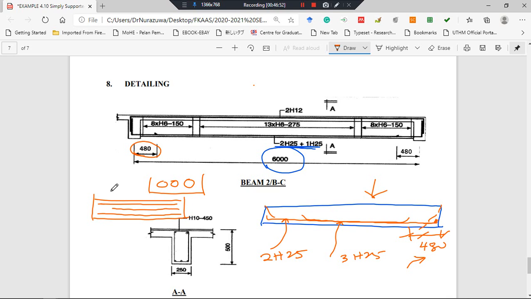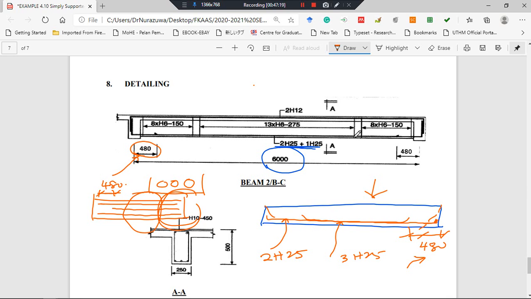The distance from here to here is about 480. Because at this midspan the moment is larger compared to the support, and at the support it is equal to 0. So that is the arrangement of the steel reinforcement.